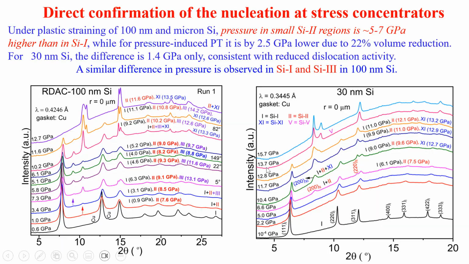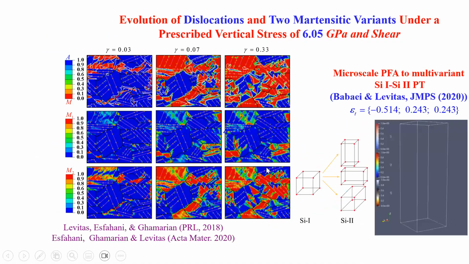And to scale up our simulation results, we developed a completely different microscale phase field approach. You see here, red is the evolution of the high pressure phase. This is dislocation evolution, and we can consider a large polycrystalline sample, and despite the different orientations of grains with respect to shear, almost complete phase transition is obtained under quite small shear.